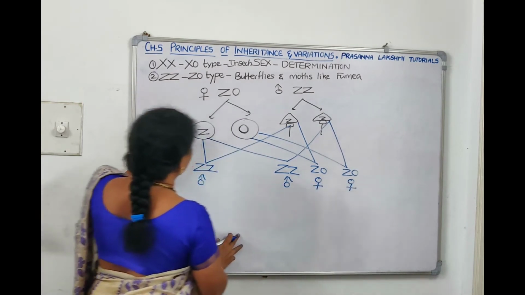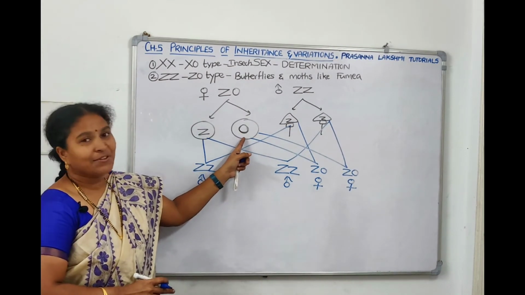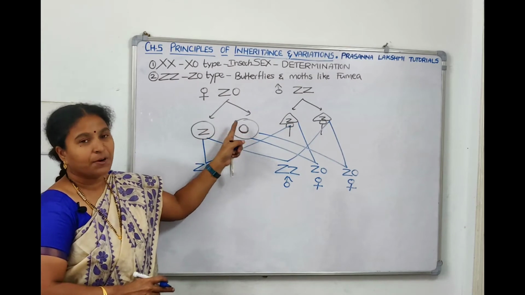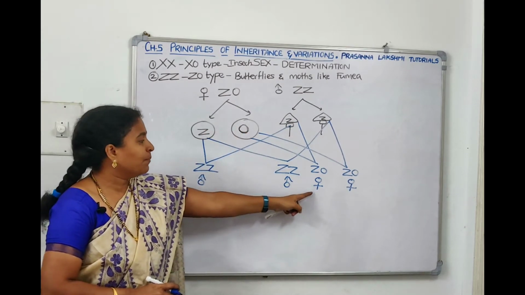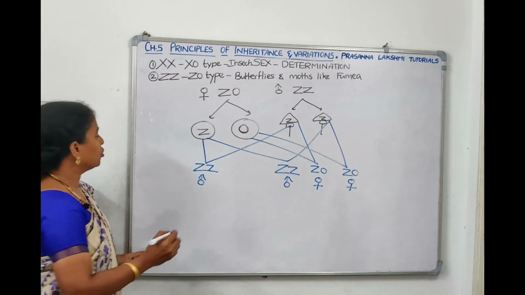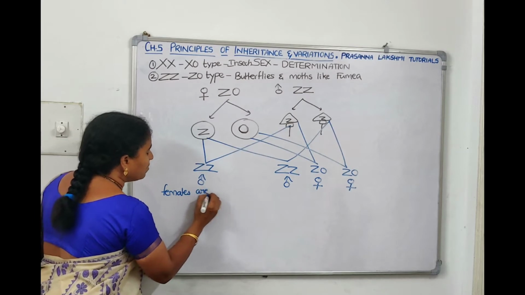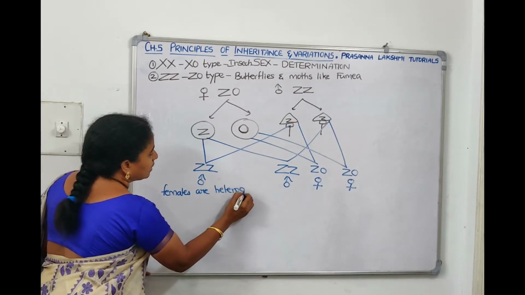Now, who is responsible for sex determination? It is the egg, which is bringing Z or 0. If it brings 0, it becomes female. If it brings Z, it becomes male. That means in this sex determination, females are heterogametic.